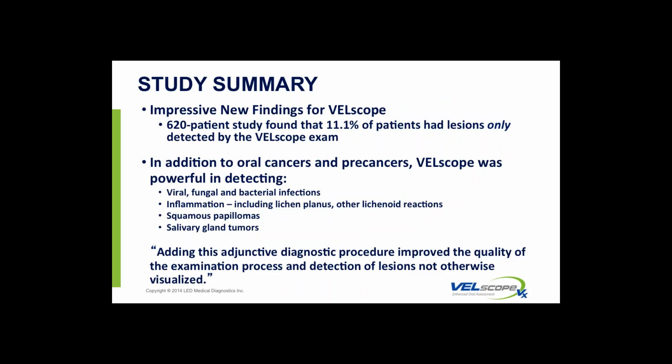And the reality is that's absolutely true. Everything you refer to your surgeon is something that you see. And I think that's the mindset. Our goal is first and foremost to find things that are not readily apparent, because that's how we prevent oral cancer. This study reinforced the fact that a dental student with a VELscope in hand was more effective in detecting lesions than the specialists were.